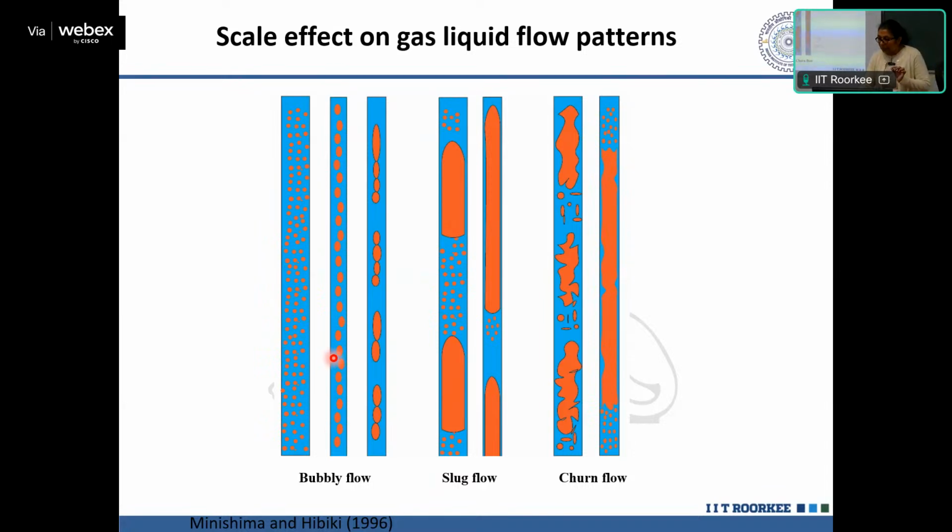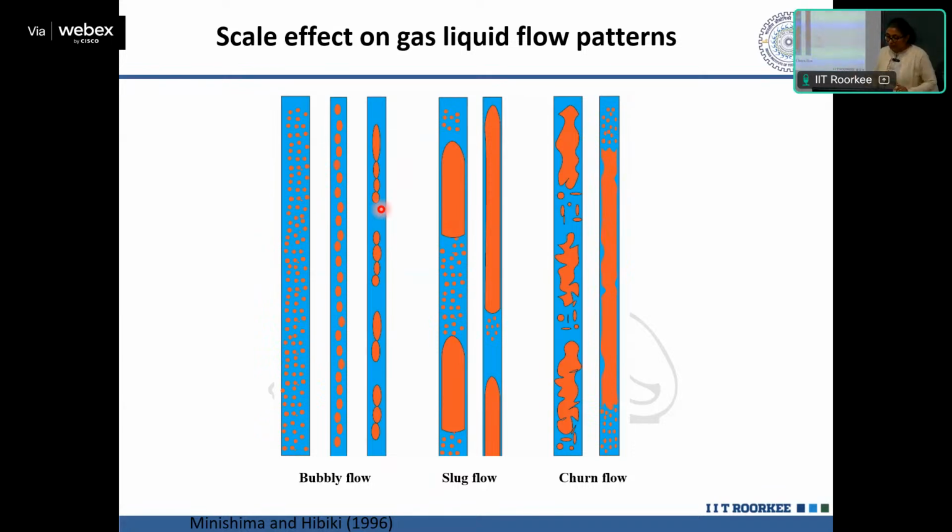The diameter is slightly enlarged. Sometimes they also form a kind of train, one after another. We also observed that during the tutorial yesterday, isn't it? A train of bubbles, a train of small plugs forming one by one.